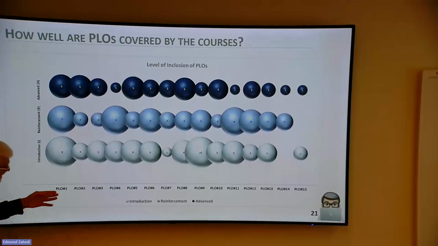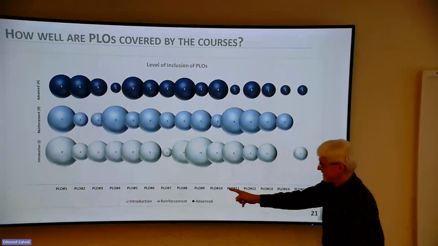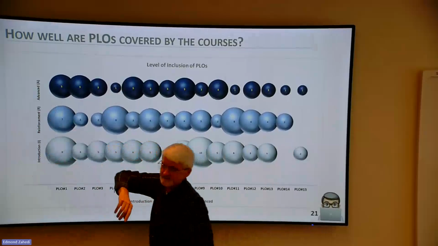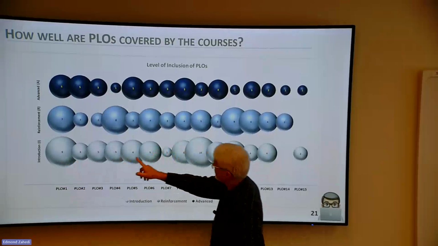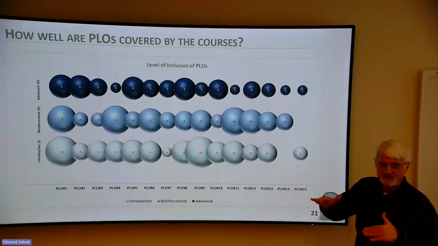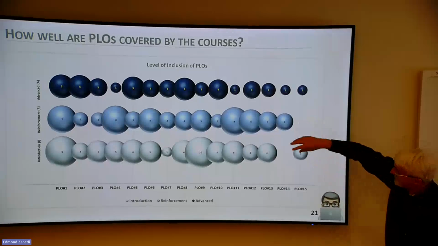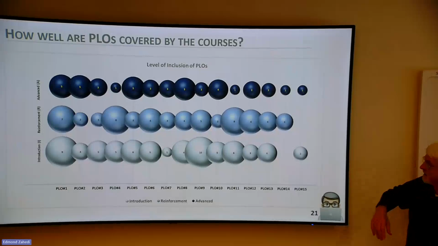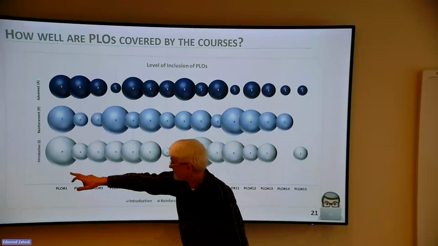For example, you have for a program, I don't remember what was this program, you have the PLOs that are listed here and the coverage at the introductory, reinforcement, advanced. So for example, here, immediately I see that there is a kind of imbalance between the coverage of the PLOs. There are gaps here. So are these gaps due to the confusion about the IRA, or is it due to something else? We have PLOs that are more emphasized than others.